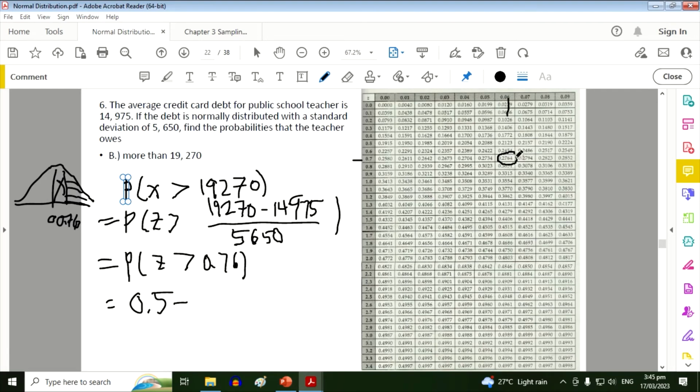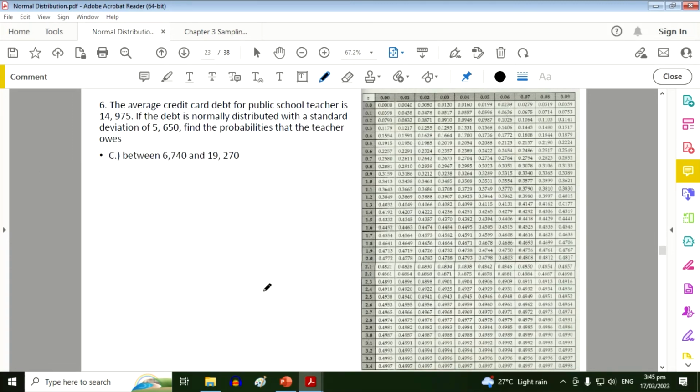So we have 0.2764. 0.5 minus 0.2764 is 0.2236.